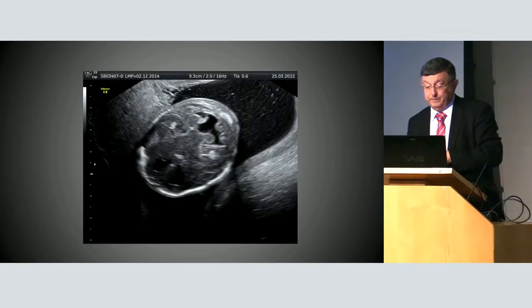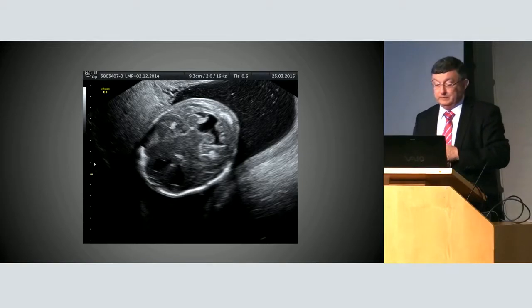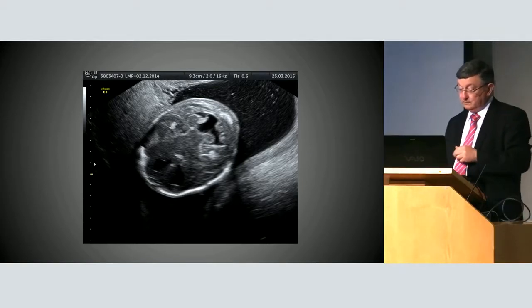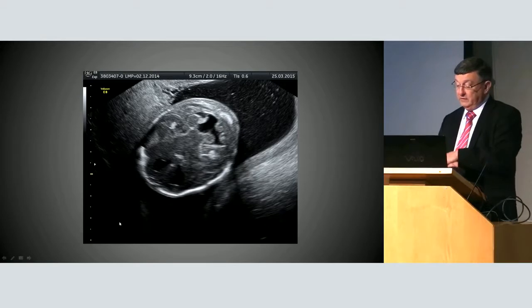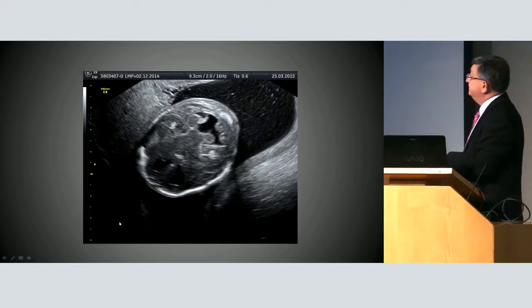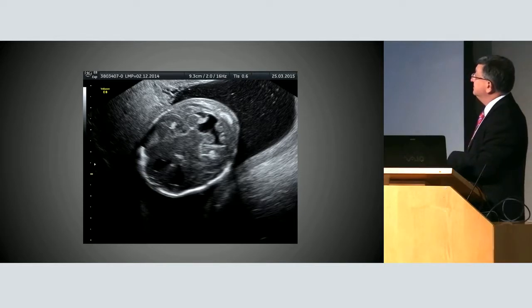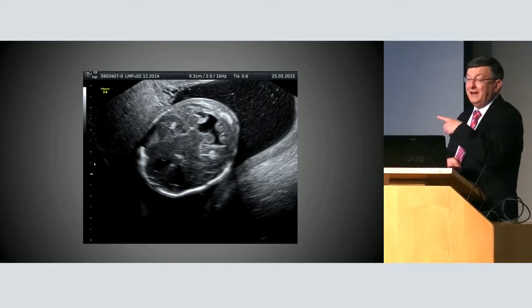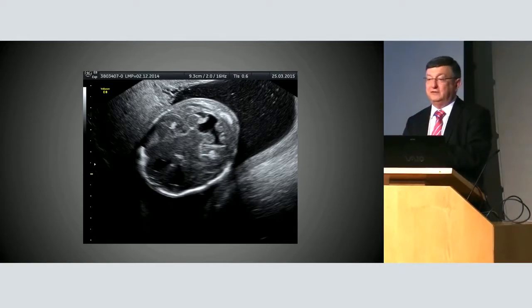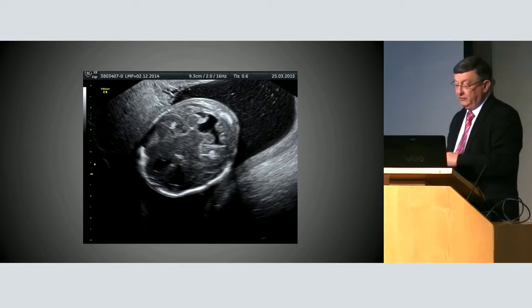Case 3. You have an idea what that is? Normal. You said normal. The cerebellum: is this a malformation or an insult? Insult, very good. Why is it an insult?